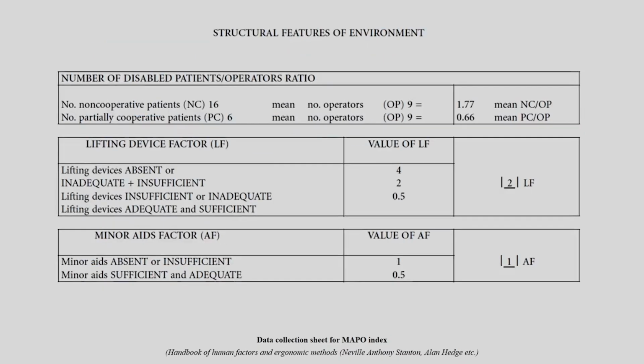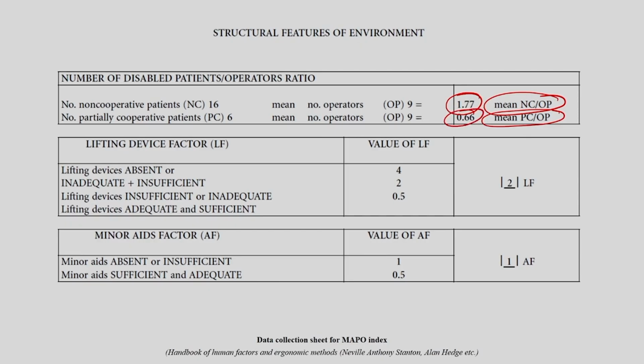So let us see how we get the analysis. Number of disabled patients to operators ratio: here you can see the non-cooperative patient and operator ratio is 1.77, whereas for partially cooperative patients and the operator the value is 0.66.